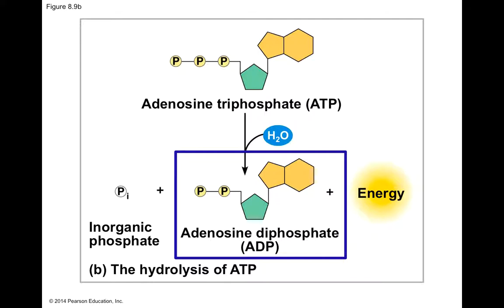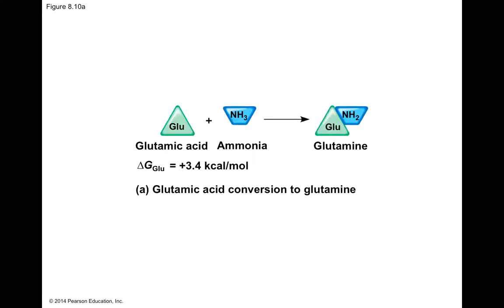Let's look at an example of chemical work. Here we have an anabolic reaction where we're converting one amino acid, glutamic acid, to another amino acid, glutamine. Overall, this reaction is endergonic with a delta G of positive 3.4 kilocalories per mole. So normally this reaction is not spontaneous and needs energy to go.